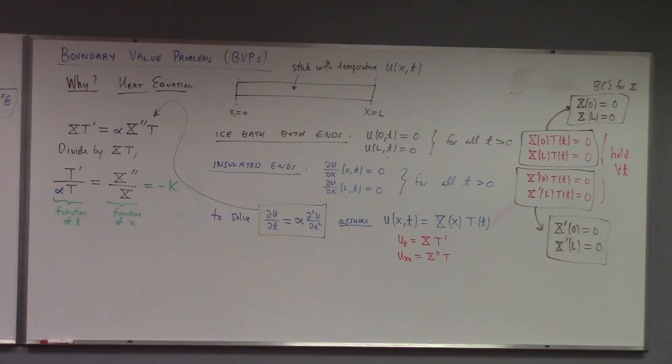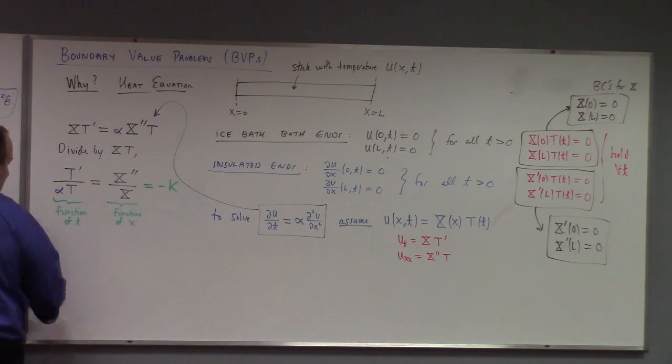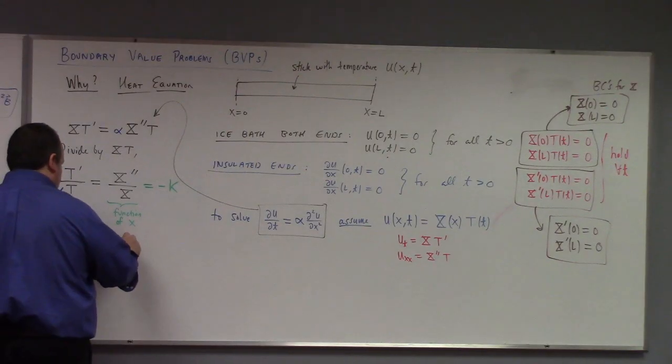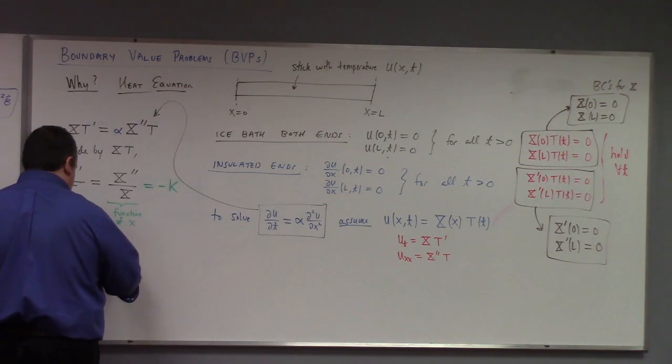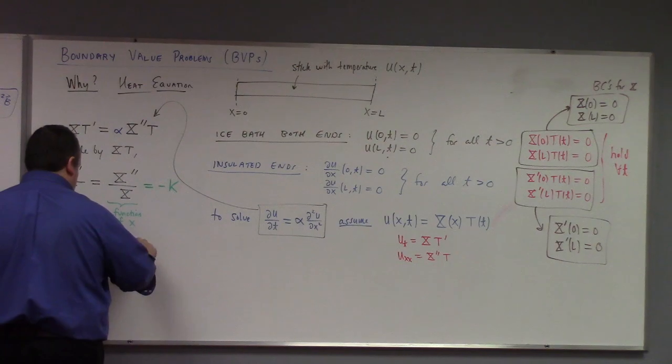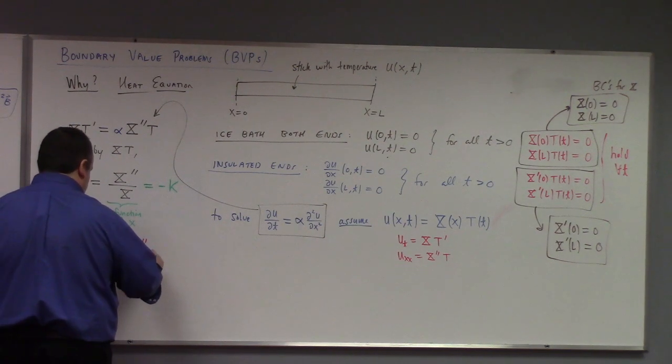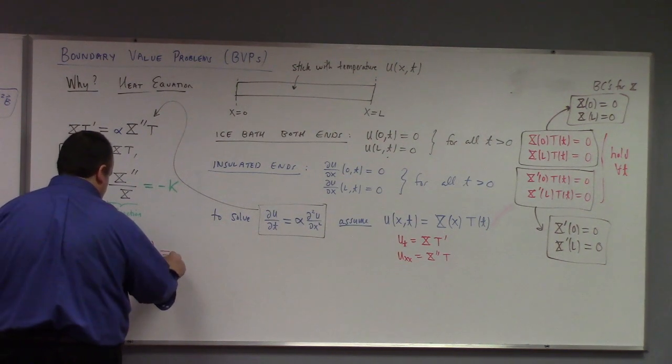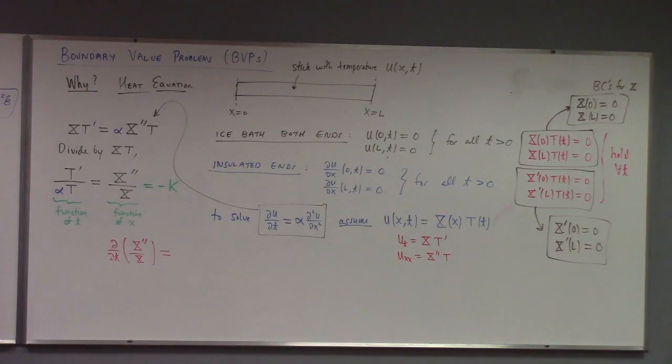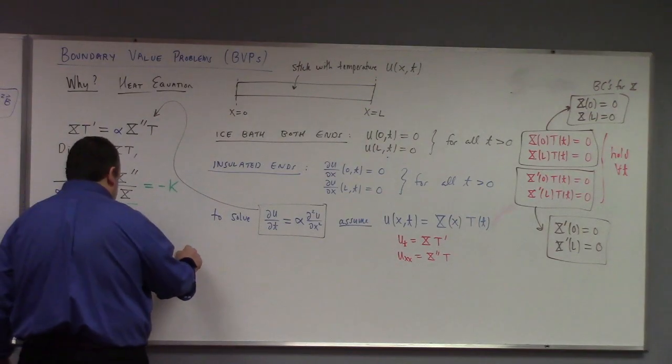See, because what does it mean to be a function of x, right? That means that if we take partial t of x prime prime over x, what should it be equal to? If it's just a function of x, can it have a non-trivial t dependence? Certainly not, right? What we mean by just a function of x is that the t derivative of it is 0.